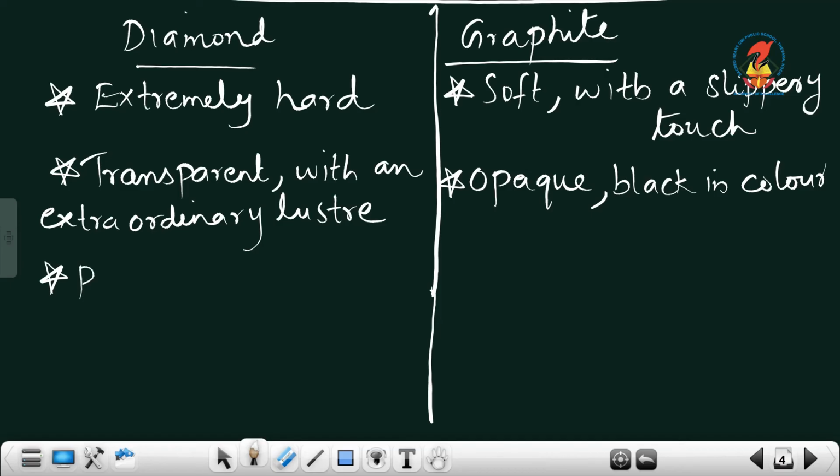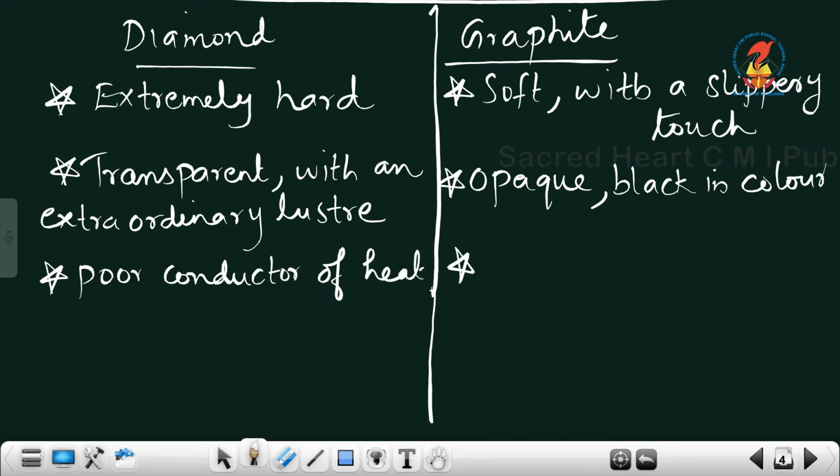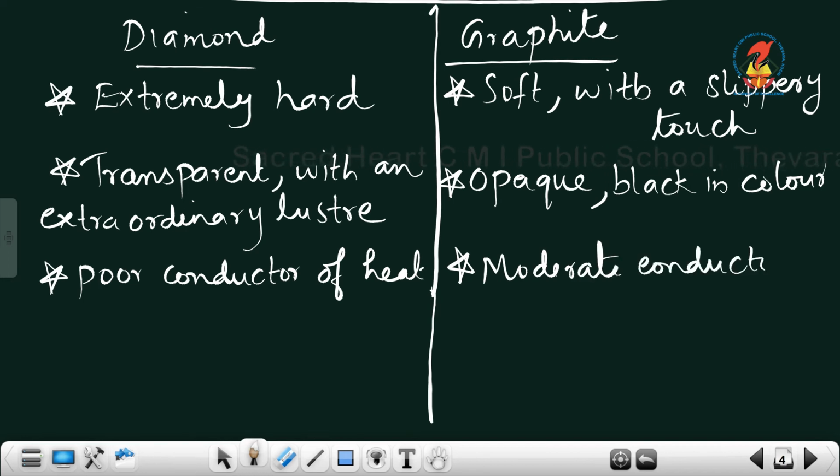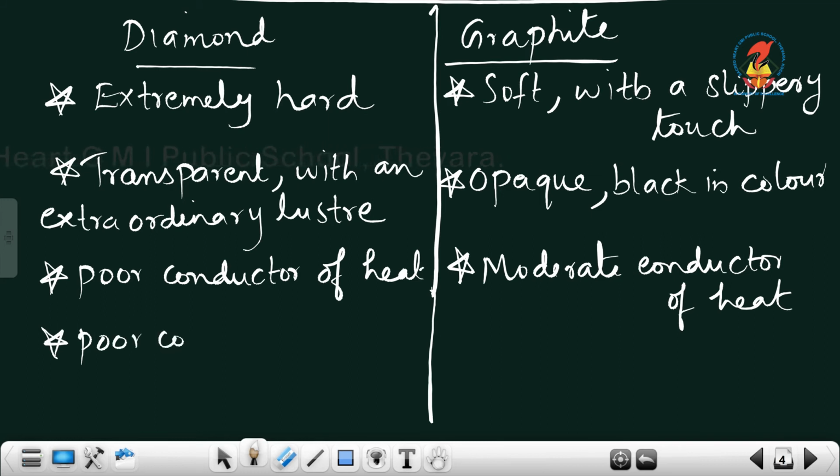Third one: diamond is a poor conductor of heat. Graphite is a moderate conductor of heat. Then next one, diamond is a poor conductor of electricity.